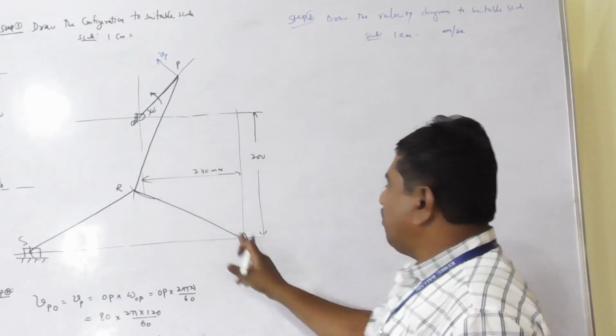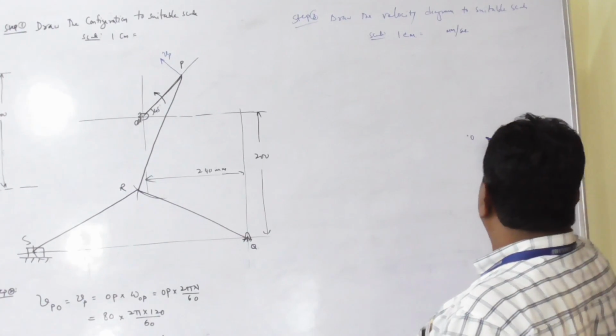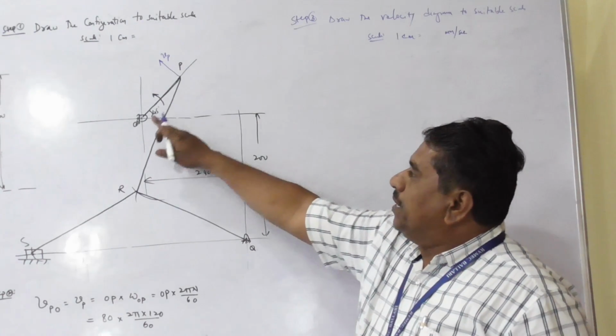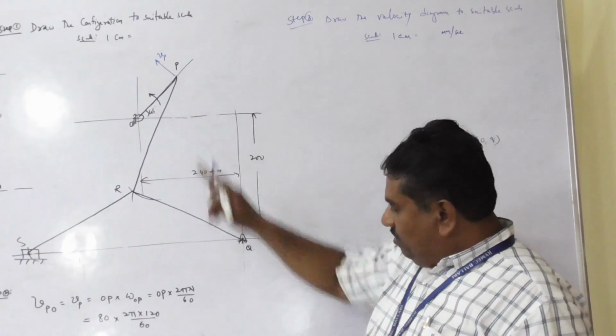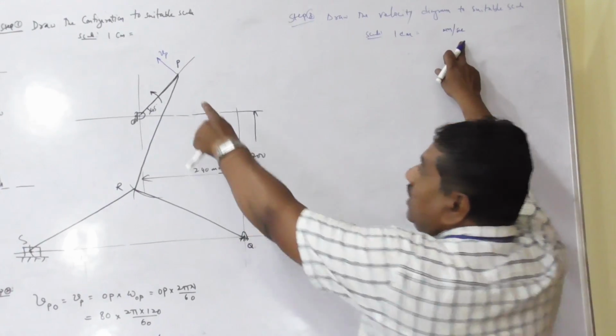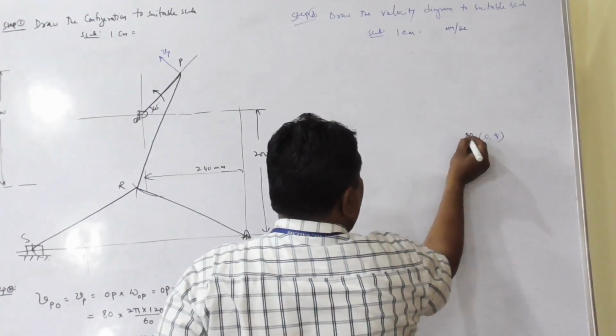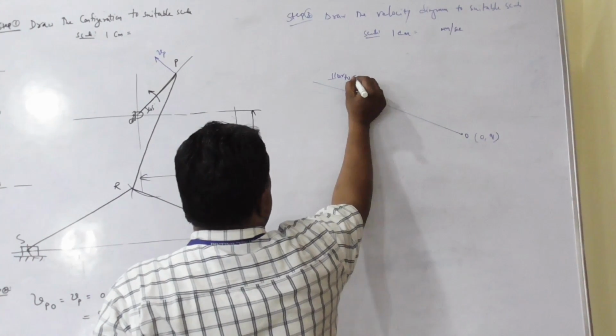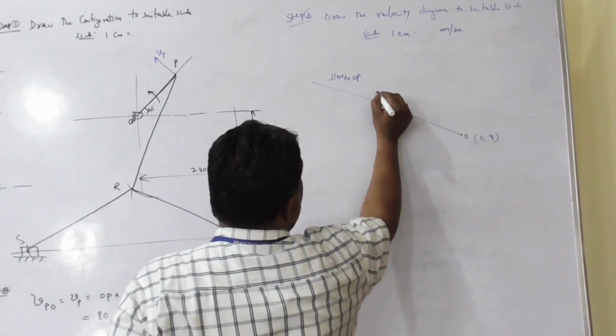Therefore, only two fixed points are there, O and Q, that can be represented at the pole. Consider VP, whose direction and magnitude are known as per the scale of the velocity diagram. From the pole, draw a line perpendicular to OP and fix the point p.